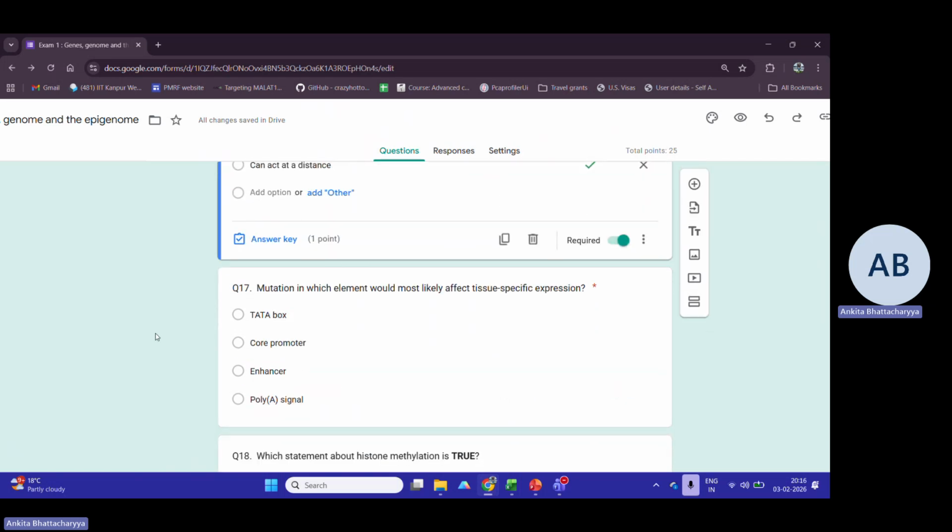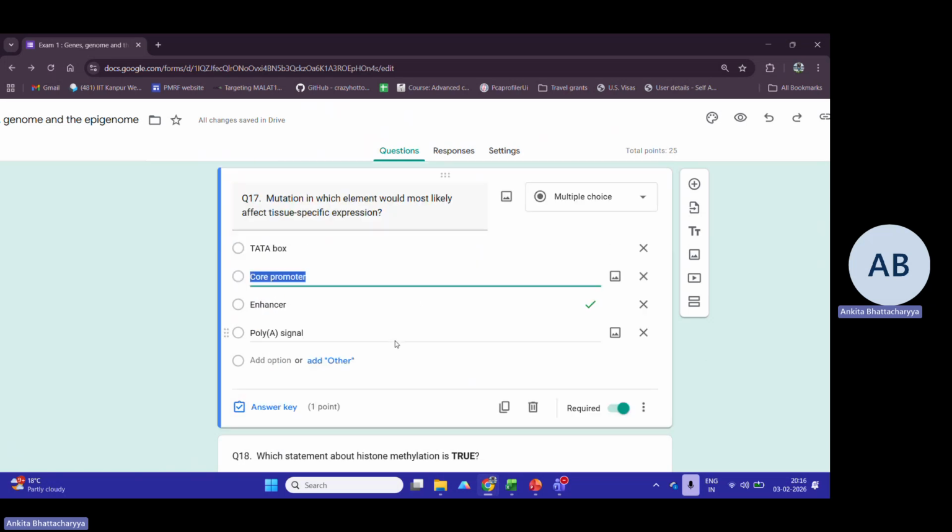Now, mutation in which element would be quite likely to affect tissue-specific expression? This is not something that we have directly discussed in the class, but tissue-specific expression can get disrupted by a large number of things. The answer is the enhancer. We have not discussed it, but many times you would have tissue-specific enhancers, and if there is a mutation in that enhancer, it can affect expression.